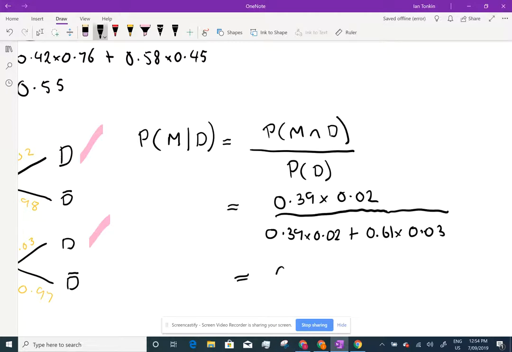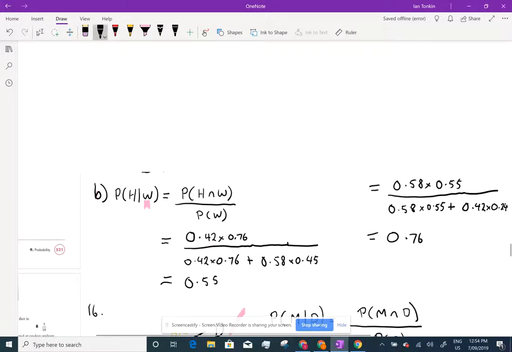Which gives us 0.29885. And we got 29.9%, which is the same.